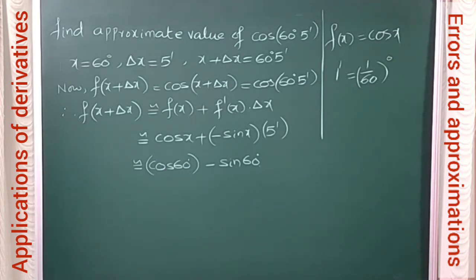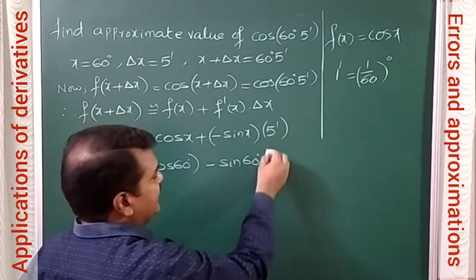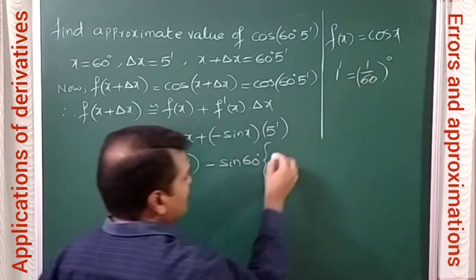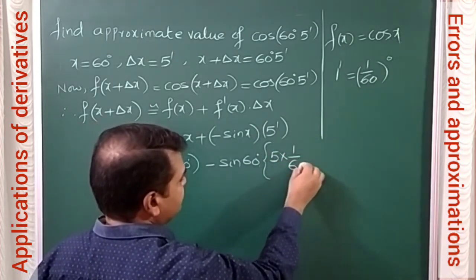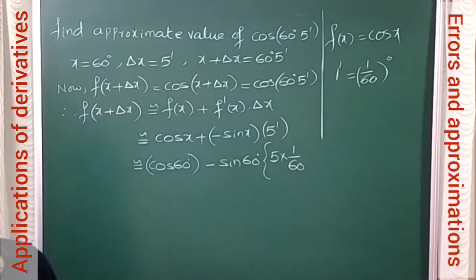Now let us convert this into radians. To convert into radians, this 5 minutes I can write as: 1 minute is 1 by 60, no? So 5 minutes means 5 into 1 by 60. This is in terms of degrees.